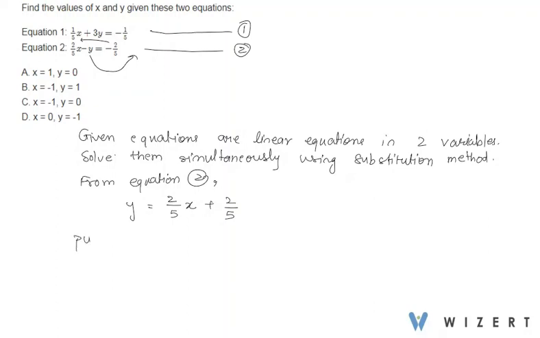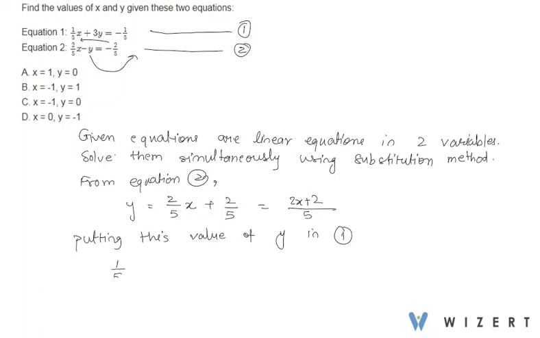Now putting this value of y in equation 1. Both are having same denominator, that is 5. So we can say y is equal to 2x plus 2 by 5. So let's put this value of y in equation 1.